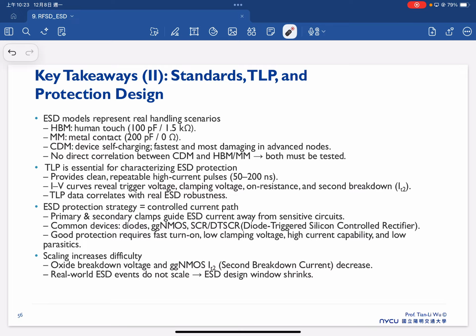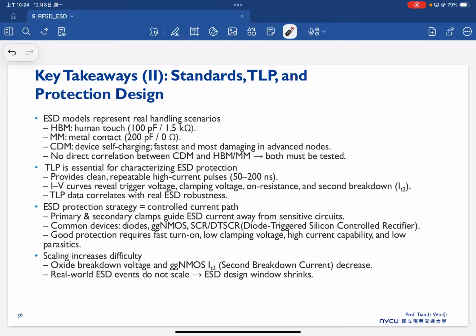So we introduced several devices that are very often used: diodes, the GGMOS, the SCR, or even the diode-triggered silicon controlled rectifier, which needs a small trigger circuit. This protection requires fast turn-on, low clamping voltage, high current capability, and low parasitics. That's the general requirement for an ESD protection device.